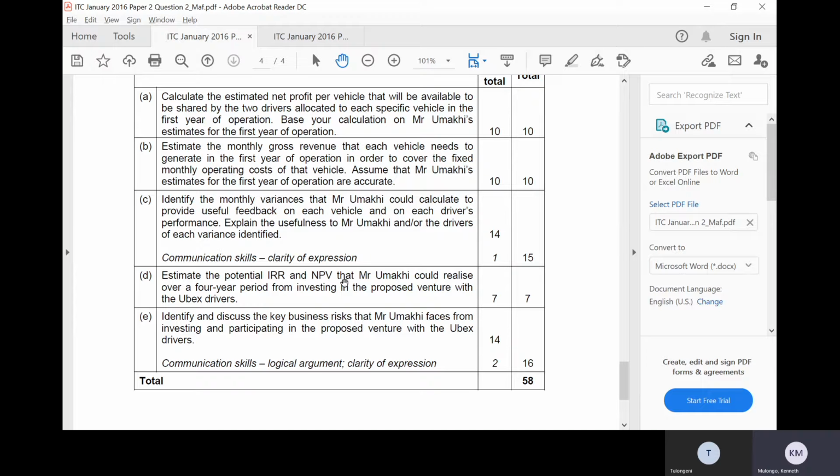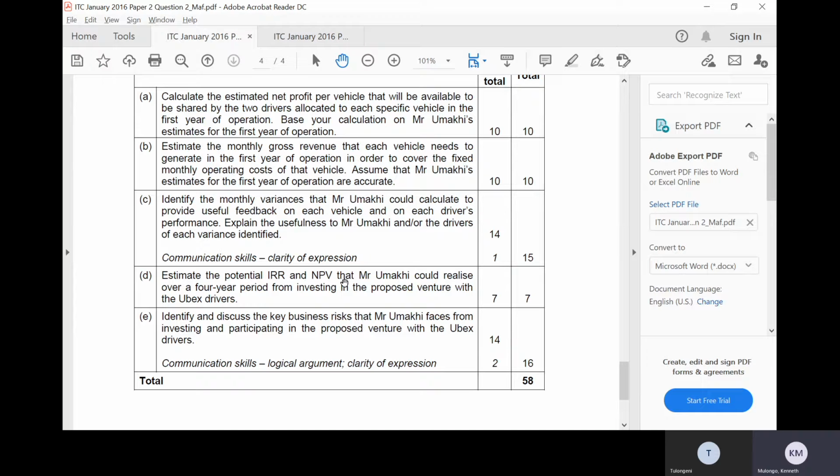That's mainly from a costing perspective, but also from a revenue perspective, where in standard costing we discuss sales mix variances, price variances, volume variances and all that kind of stuff.